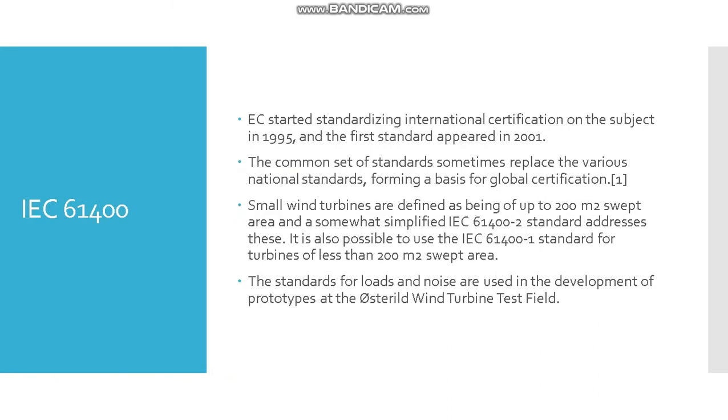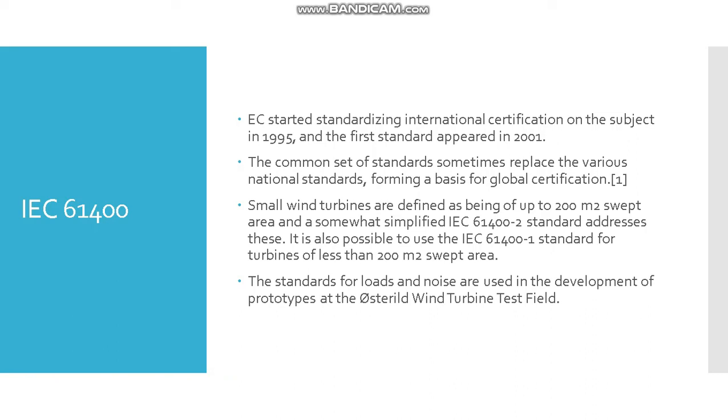Okay then, the IEC started standardizing international certification on the subject in 1995, and the first standard appeared in 2001. The common set of standards sometimes replaced the various national standards, forming a basis of global certification. Small wind turbines are defined as being of up to 200 meters squared swept area, and a specifically dedicated IEC 61400 Part 2 standard addresses this.